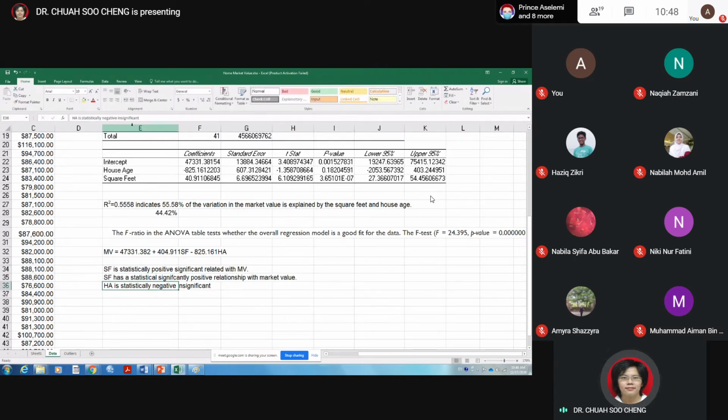It is insignificantly related with market value. Are they related? They have a negative relationship, but the negative is not significant.